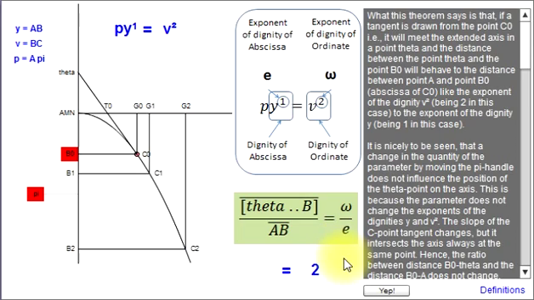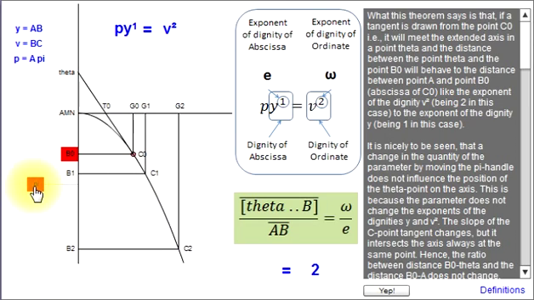And in the case of the parabola, this is of course 2, because the ordinate dignity has an exponent of 2, and the abscissa dignity has an exponent of 1. Alright, and that's basically the whole principle of what Ricci discovered.